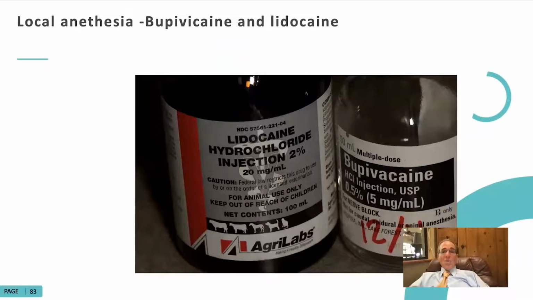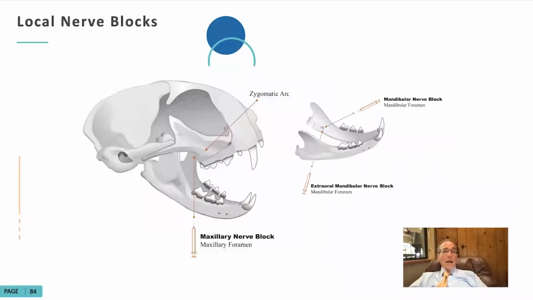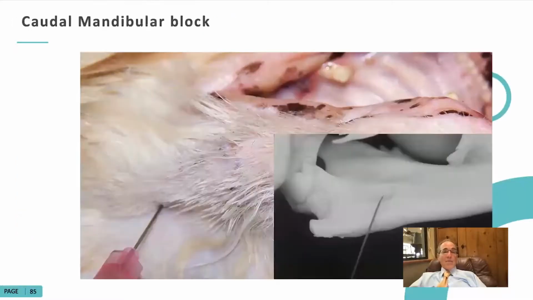Local anesthetic, we use bupivacaine, or now ropivacaine. Local blocks are real important. The ones that we use are the extraoral mandibular block and the maxillary block, and also the infraorbital block, right by the upper fourth premolar.